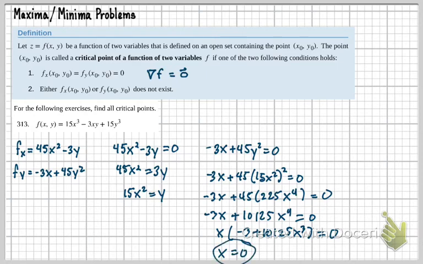Now I move on to the next one, where I really have 10,125x cubed minus 3 equals 0. So now from here, I got to solve for that x cubed. So I can move the 3 over and divide by 10,125. Now when I move it over, I end up with x cubed equals 3 over 10,125.